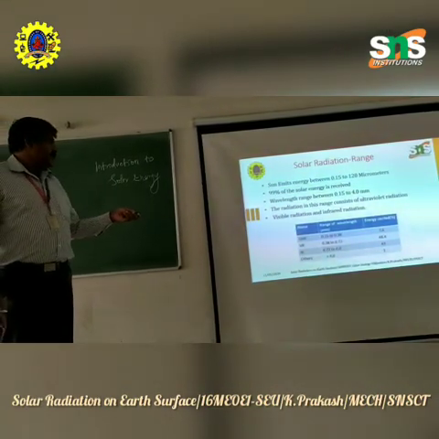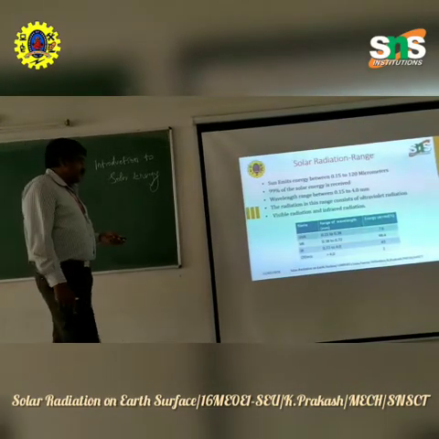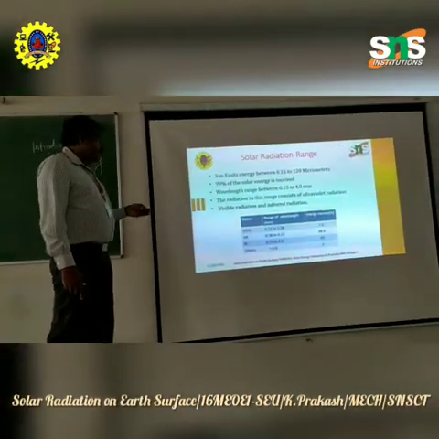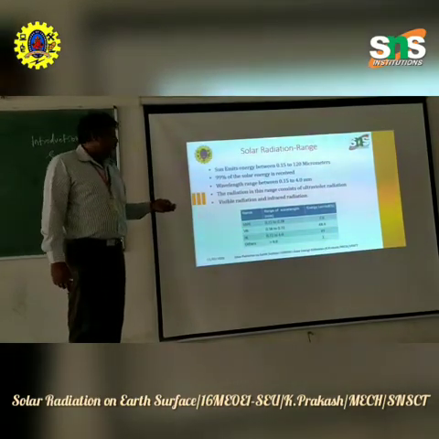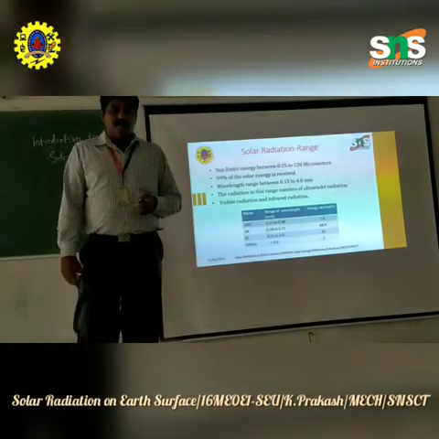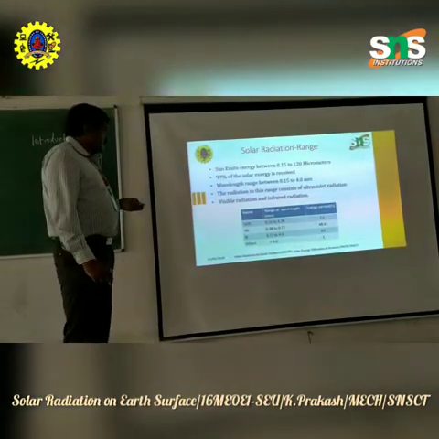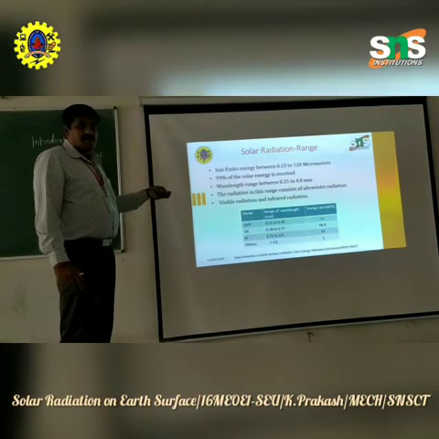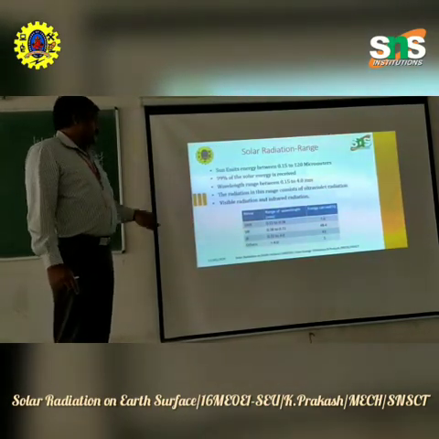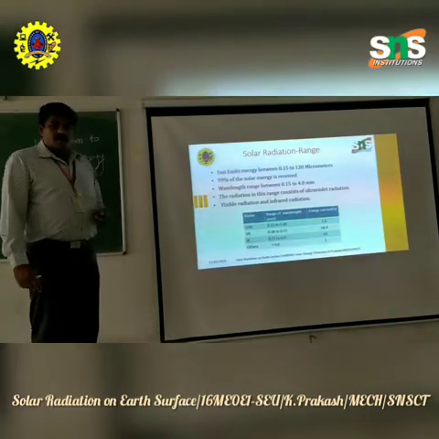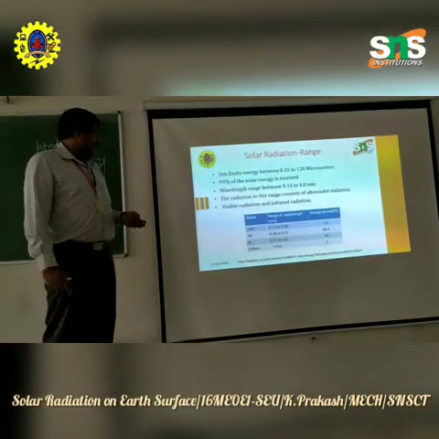The energy band is 0.15 to 120 micrometers, and the solar energy wavelength is between 0.15 and 4 micrometers. The radiation in this range consists of ultraviolet radiation, some visible radiation and also infrared radiation.